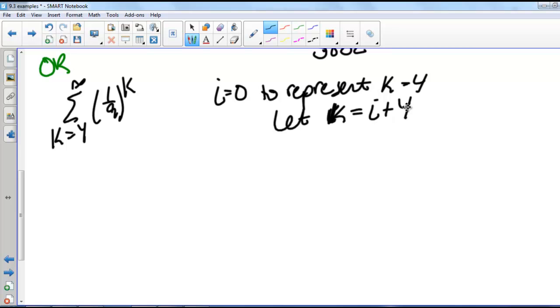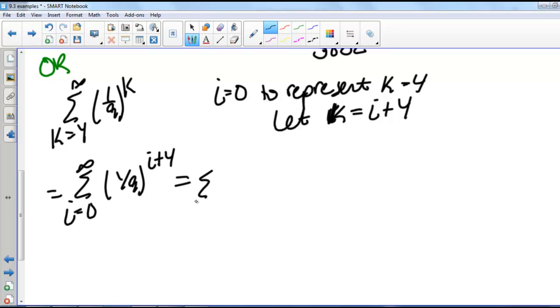So that means that the series is now written as the series from i equals 0 to infinity of 1/9 to the i plus 4. And using the rules of exponents, we can rewrite this as the series from i equals 0 to infinity of 1/9 to the 4th times 1/9 to the i.